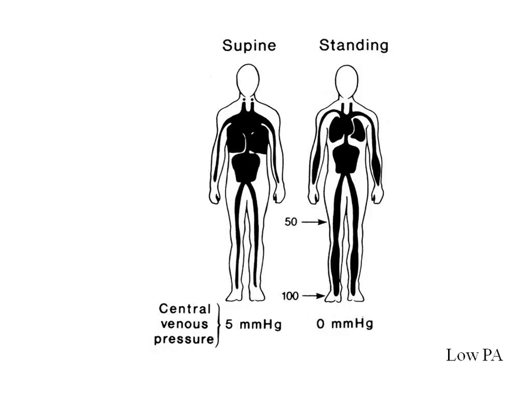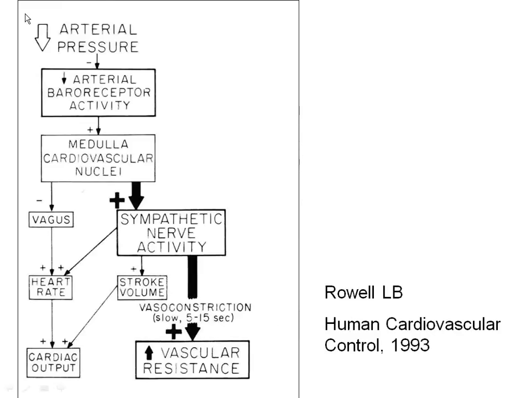We respond to this usually because there's initially a drop in blood pressure, and there are very sensitive nerve areas in the walls of the big vessels in the aorta and the carotid arteries that sense when there's a reduction in blood pressure.